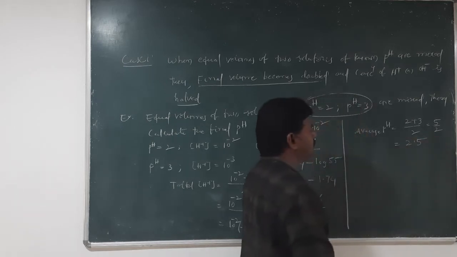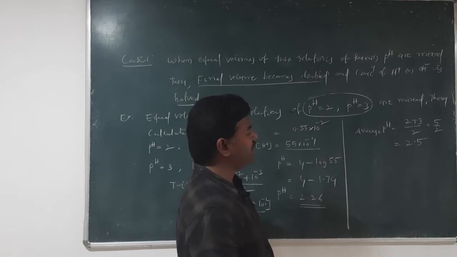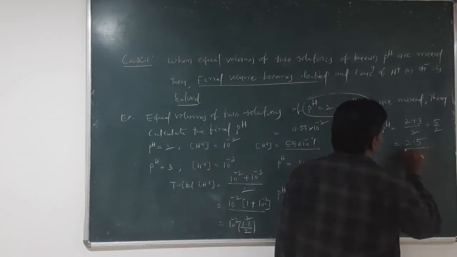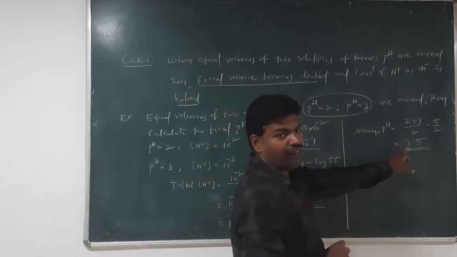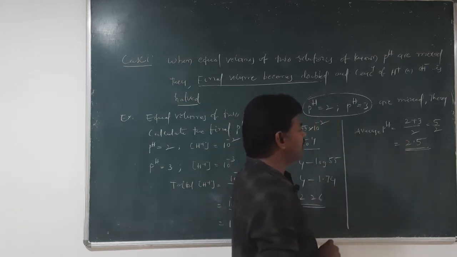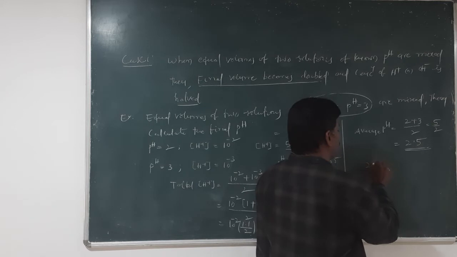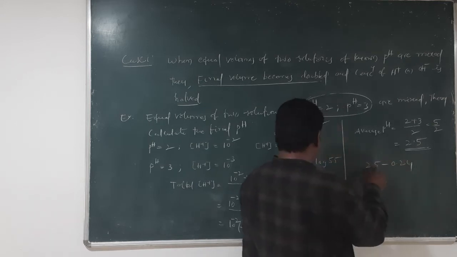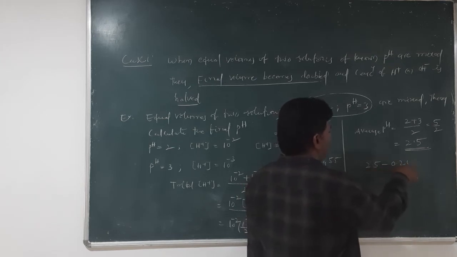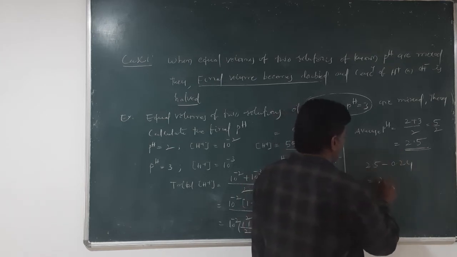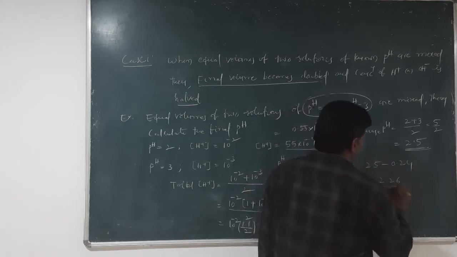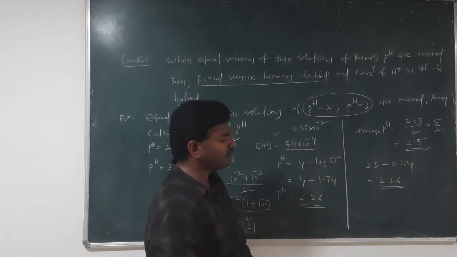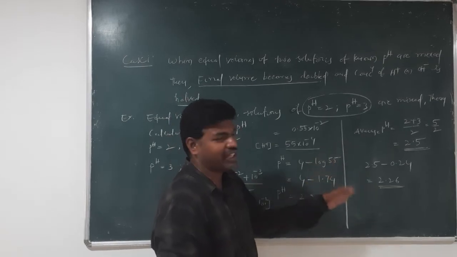After getting the average pH, subtract 0.24 from this average pH. So, 2.5 minus 0.24 gives 2.26. Okay, so that is the shortcut.